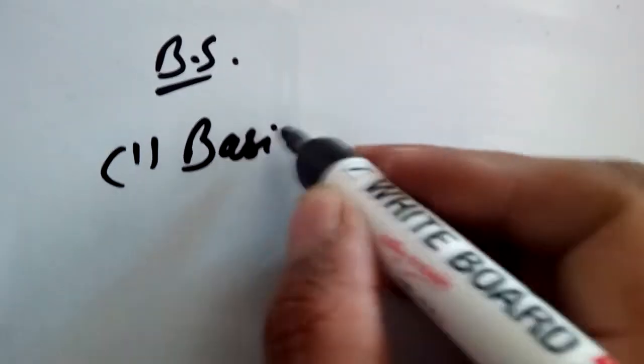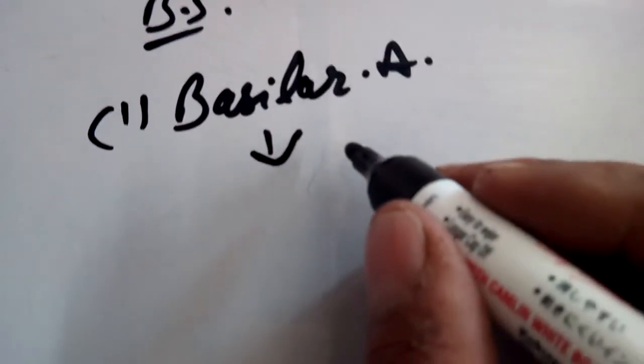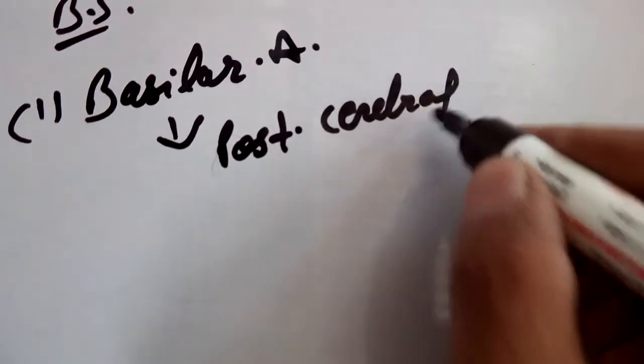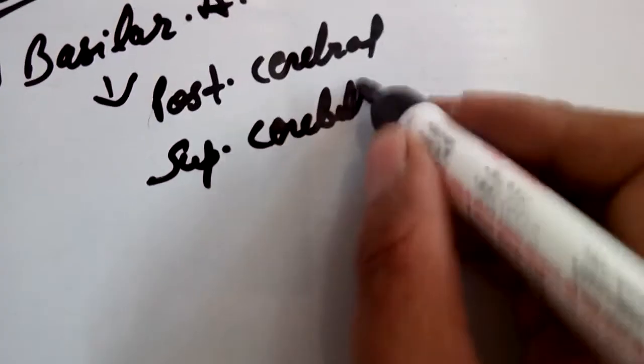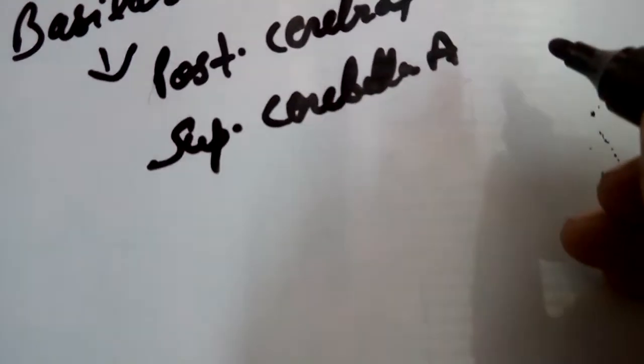One is the basilar artery, through its posterior cerebral and superior cerebellar arteries. The basilar artery gives two branches to supply the midbrain: one is the posterior cerebral artery, the other is the superior cerebellar artery, and it also gives some direct branches.